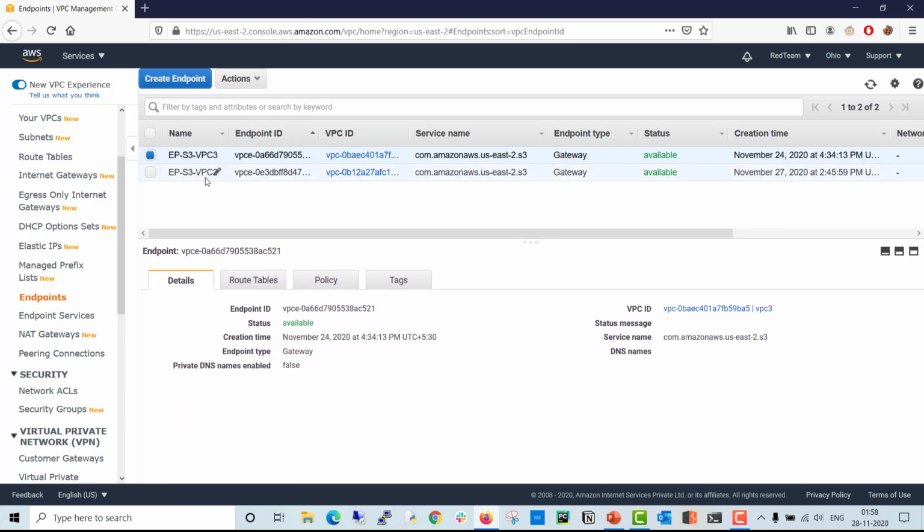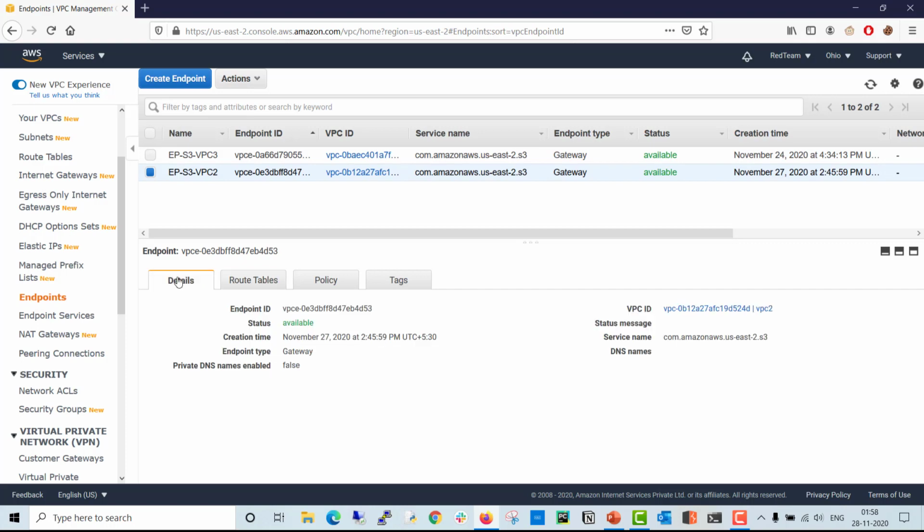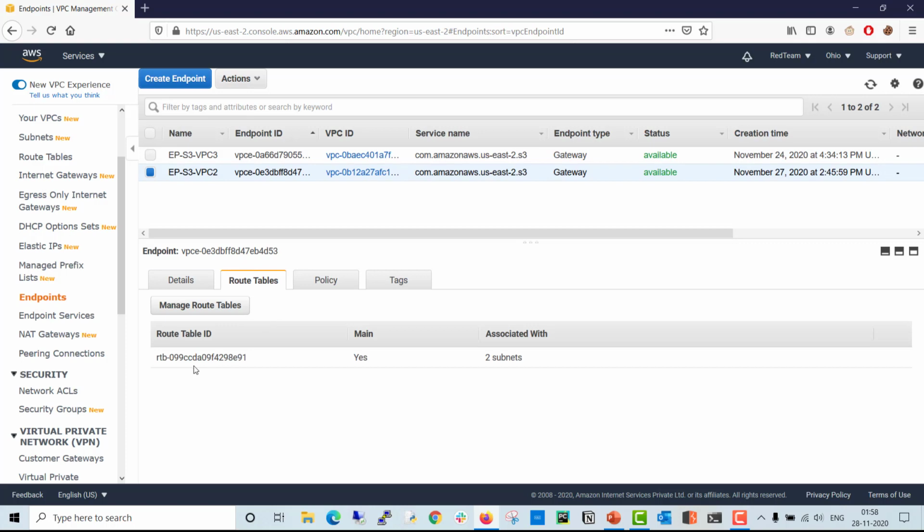That means in VPC2 there is no internet connectivity, but you can still access the S3 bucket, and this is the routing table attached to it. So for both subnets in this VPC, any resources, for instance, can access S3 services, because this is routed not through the internet.